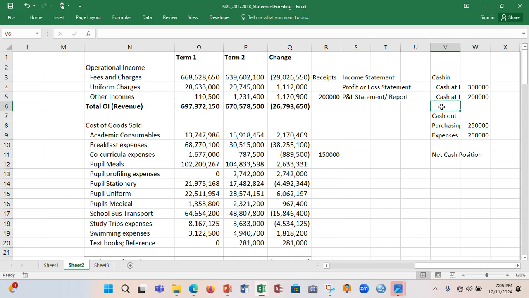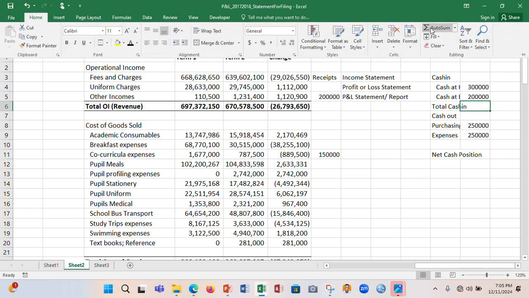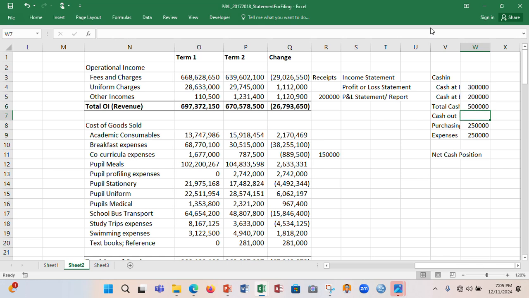So we take here total cash in, we sum that cash in and see the total. Okay, really, let me try to make sure we remain with something.